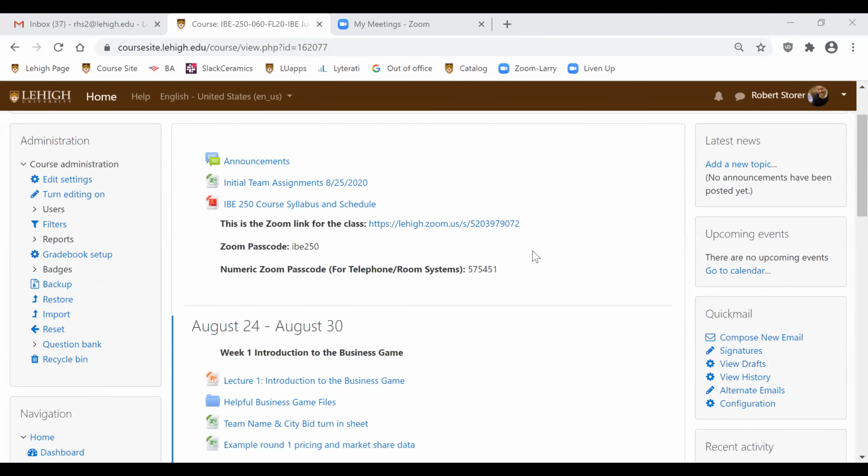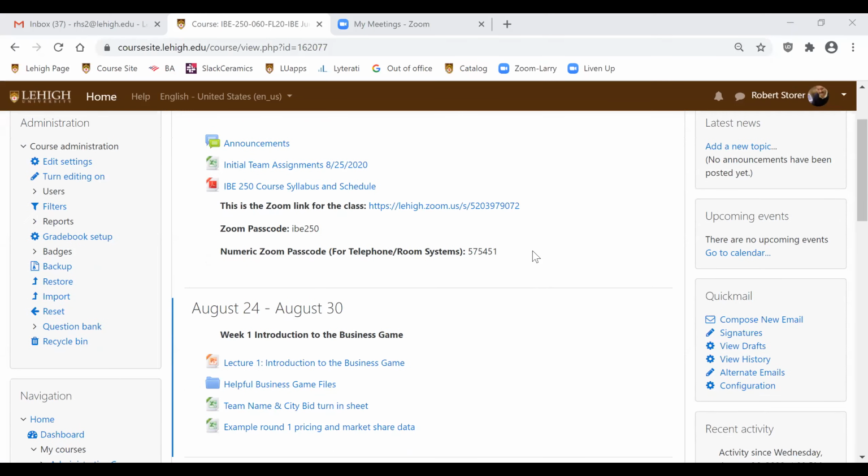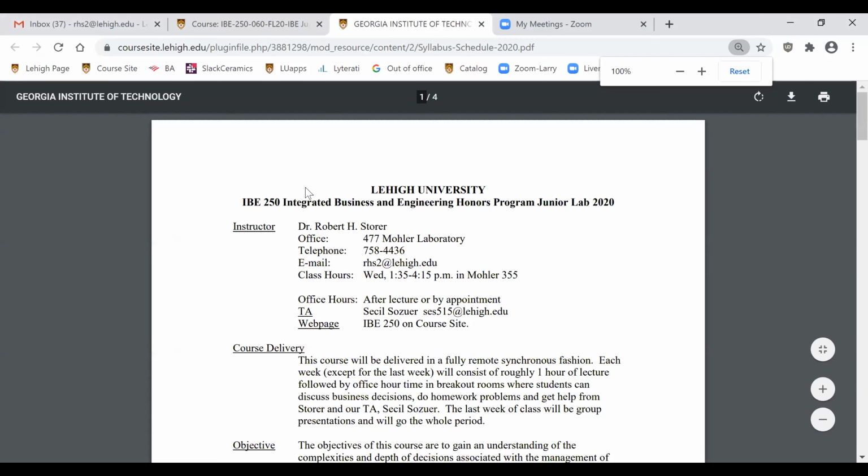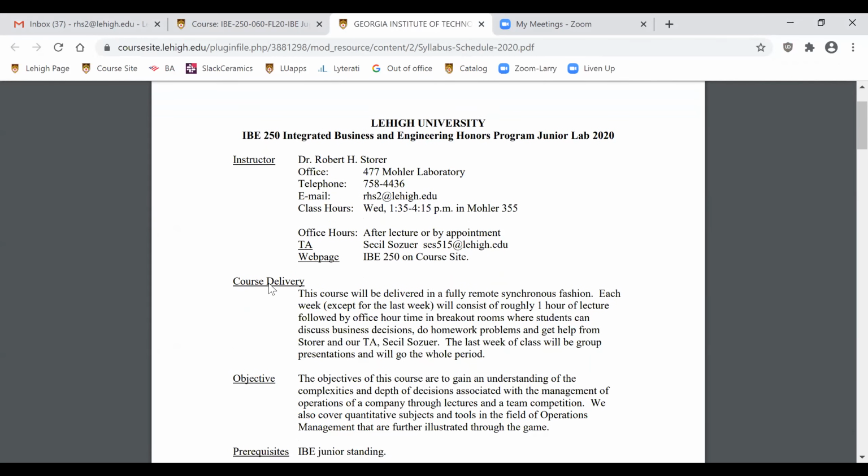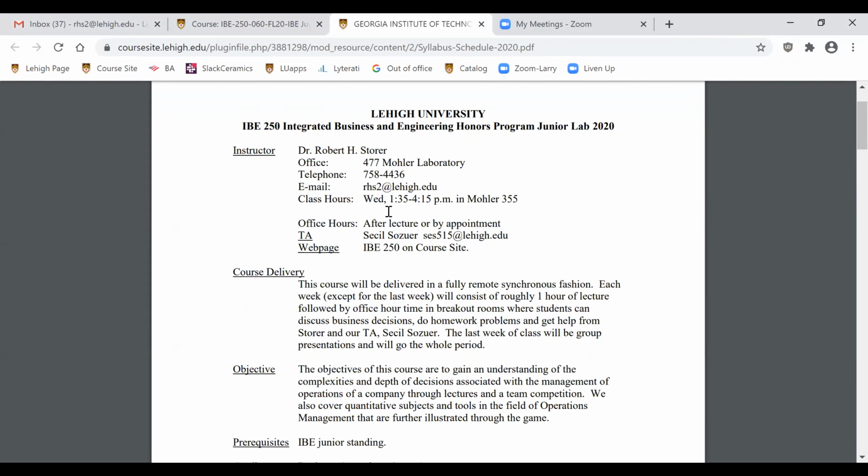Okay, so those are the team assignments. Next is the syllabus and schedule. I don't want to go through all of this in great detail, but here's the contact information. The course is scheduled, as you know, 1:35 to 4:15.